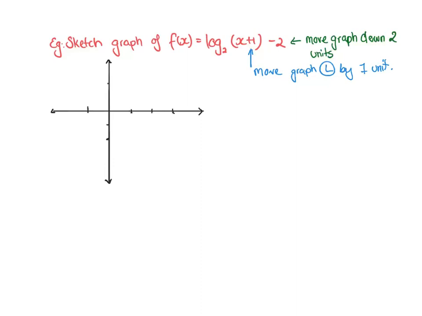Alright, so if I was to draw the basic log graph, we know it would look like that. So I'm just drawing the basic, that would just be log base 2 of x. So if you look now, we're going to move it to the left by 1 and also down by 2.